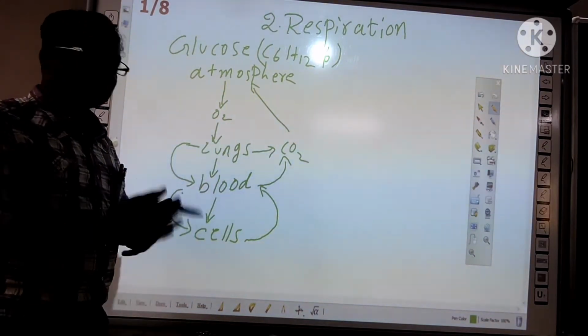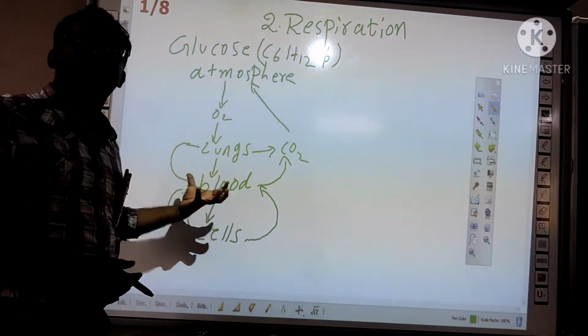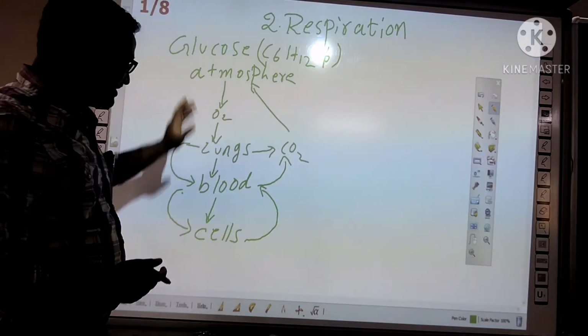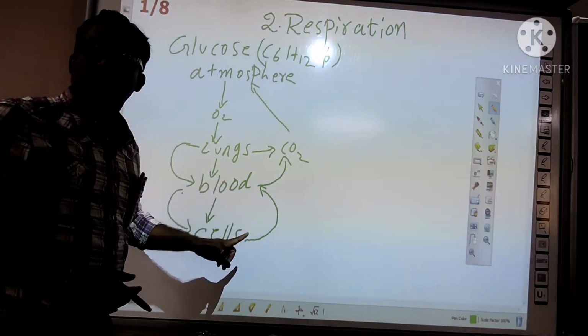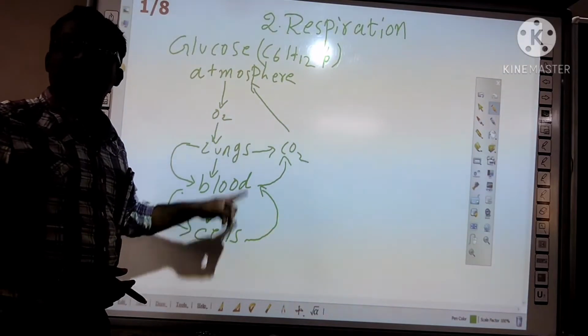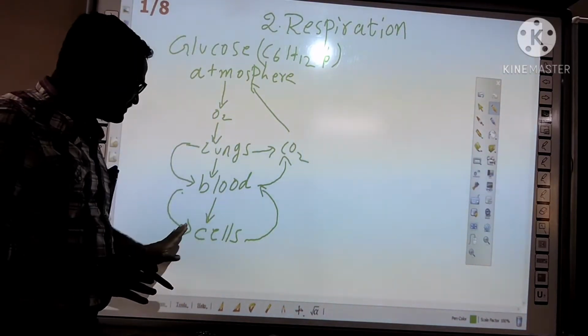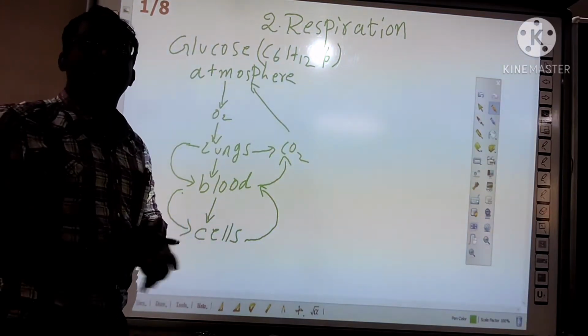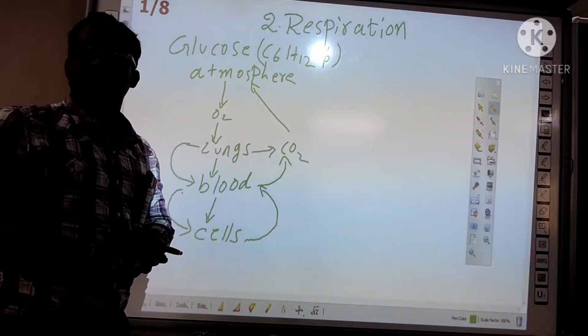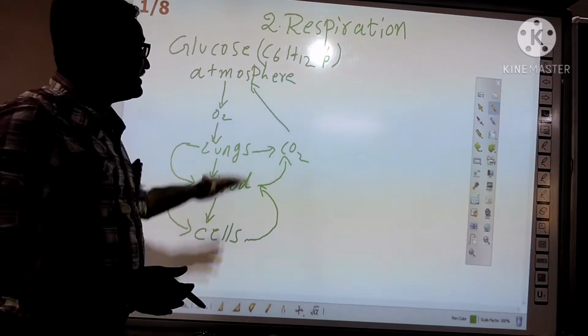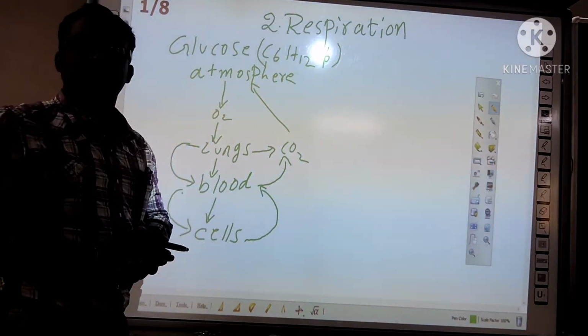So what happens to this oxygen when it reaches the cell? The oxygen is involved in the production of energy from glucose. So the respiration that takes place in cells is called cellular respiration. Let us discuss each step in detail.